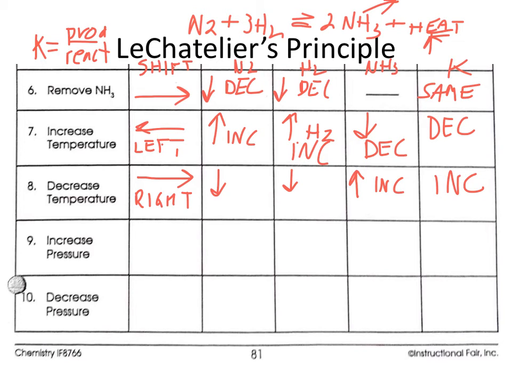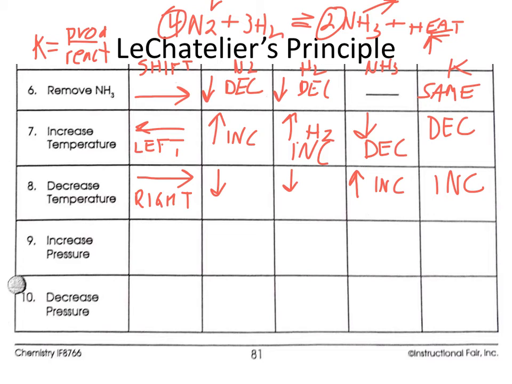In order to reduce the pressure, we need to have the equilibrium shift to the side with the fewer number of moles of gas. Well, if we take a look at it, on the reactant side, we have a total of 4 moles. So we have 1 N2 plus 3 H2 for a total of 4 moles. 4 moles over here. And we have 2 moles over here.